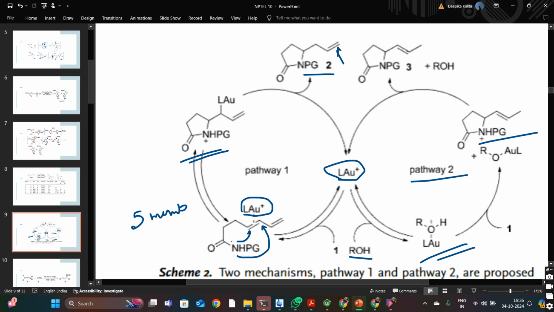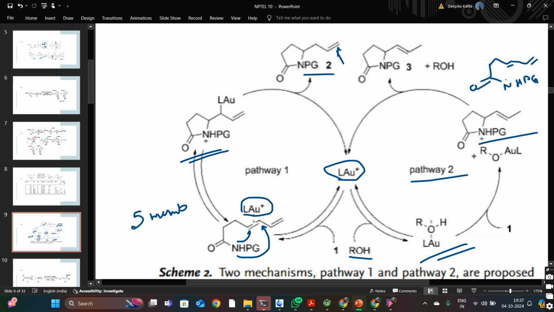Okay, because see here, if we look at this substrate present here, initially it is like this. Okay, and H, Pg, and the diene will lie in this way.